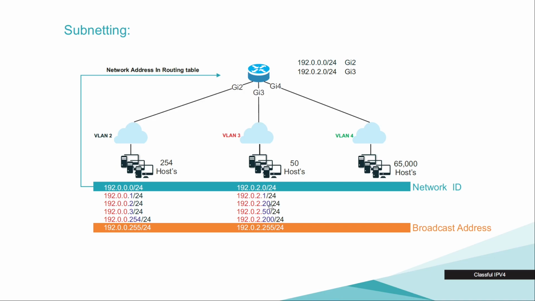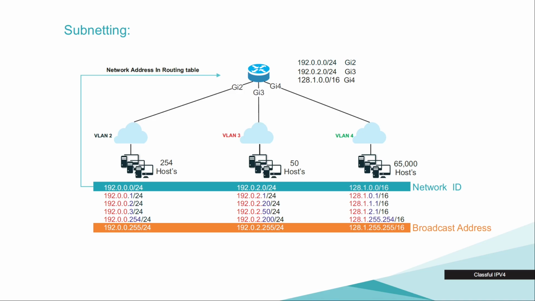It doesn't matter also, we don't have to follow the order. So we can use the IP address .1, .20, .50, .200, any IP address in that range. Also the last IP address, which is 192.0.2.255, cannot be assigned to any device because this is the broadcast address.